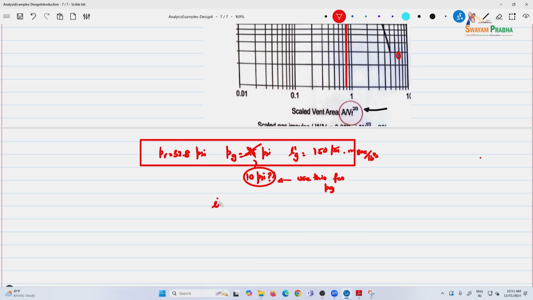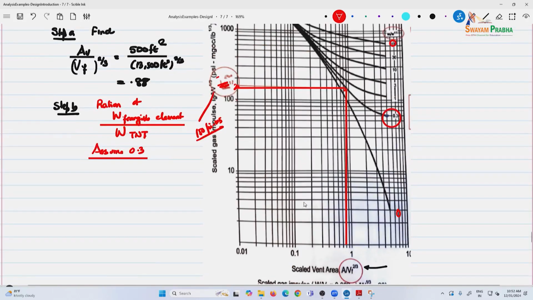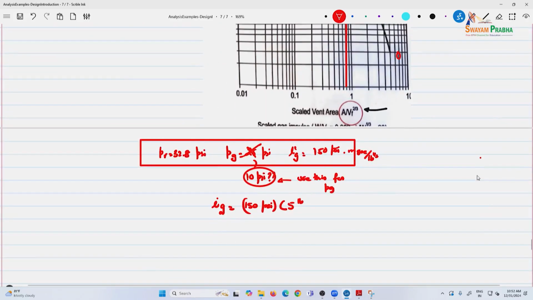So you get your Ig is equal to 150 psi multiplied by the 5, multiplied by W power 1 over 3. How much is this one? 256. Thank you for the correction.